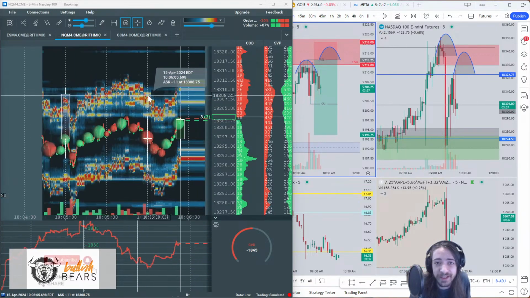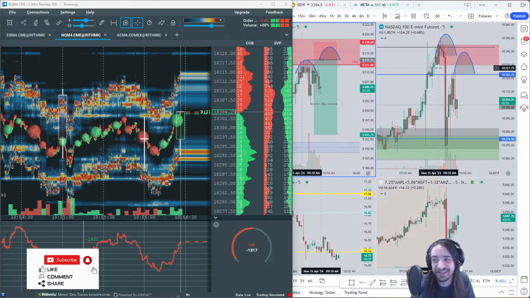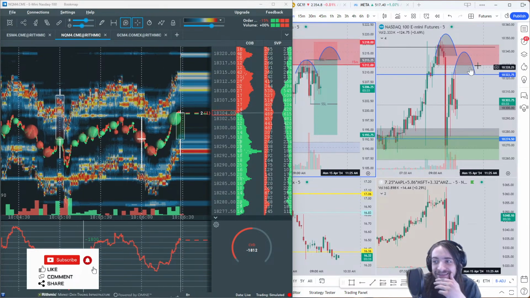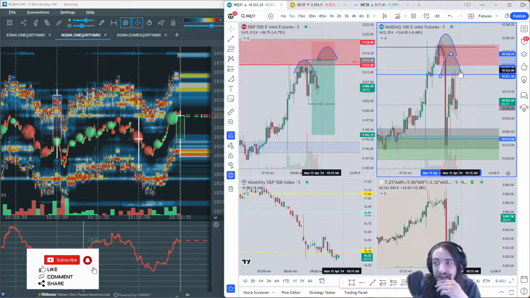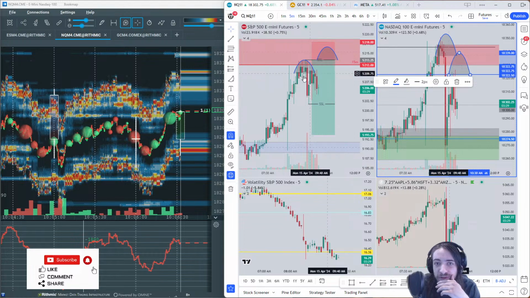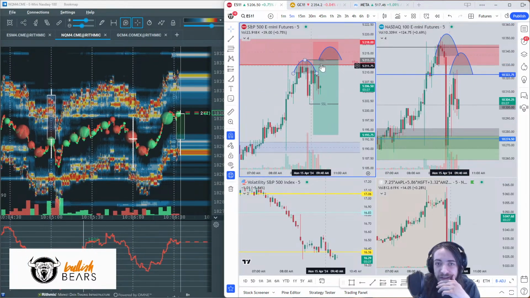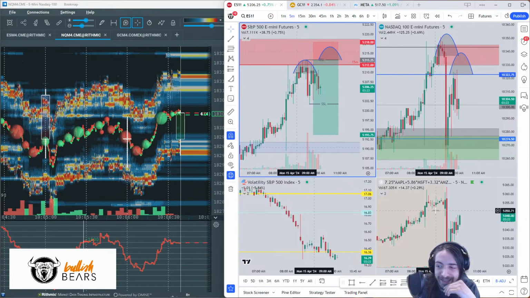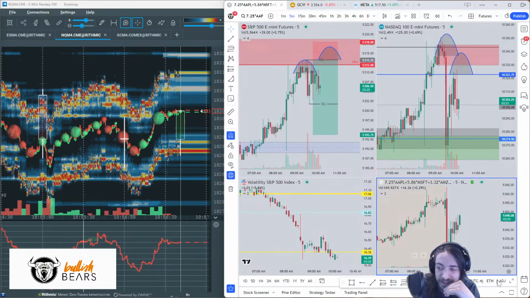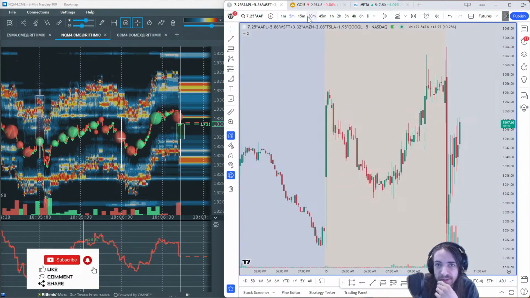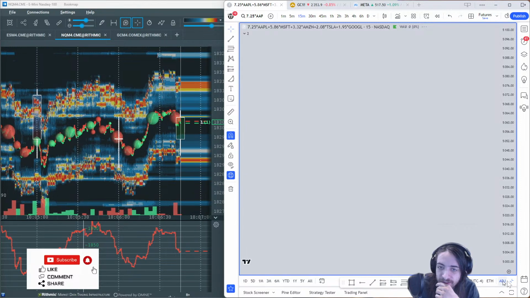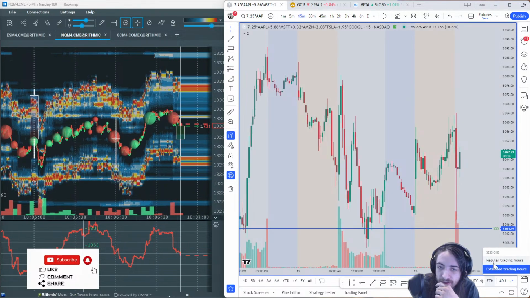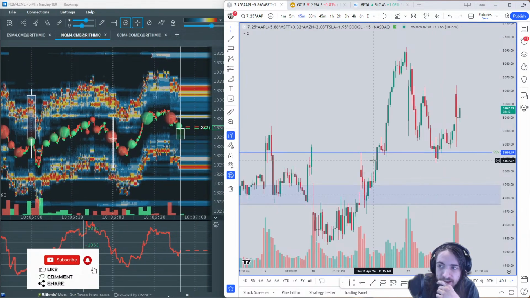I'm still waiting for ES to hit that buy side liquidity. We did create a lower high on NASDAQ, but we also created that lower high on ES, so I'm still just staying patient, guys. It's 5 after 10. Let's take a look real quick at the weighted index, 15-minute. Regular trading hours.